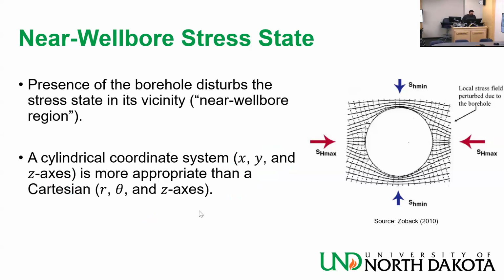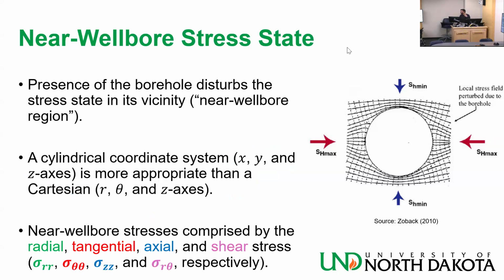But anyway, we have a new set of stresses that I don't want you to know a crazy amount about. If you are near the wellbore, you have a different set of stresses, and those are not in Cartesian coordinates, they are in cylindrical coordinates. I want you to know their directions because it's going to become very important later on in other classes.